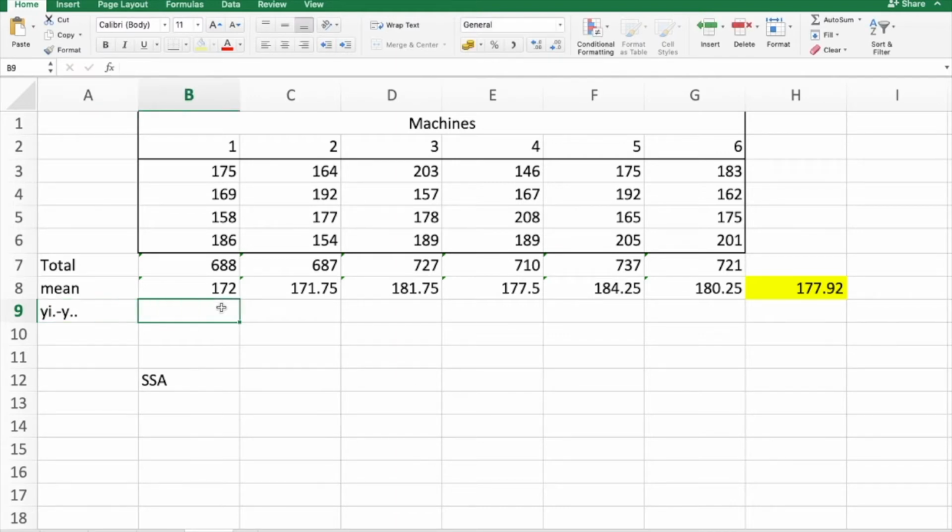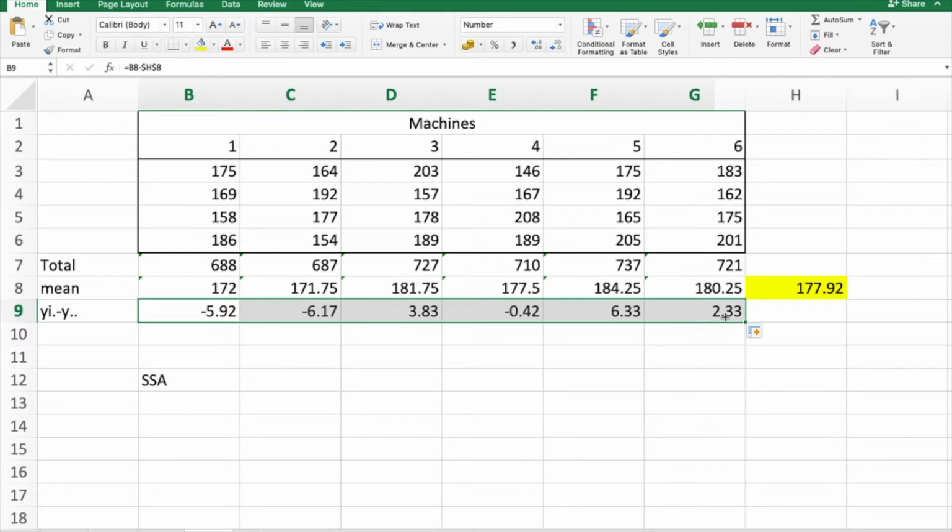So what will it be? This minus this, and because we have to keep this constant, we will put a dollar here and a dollar here. This will be the value, and if we pull it over, this will be the term.